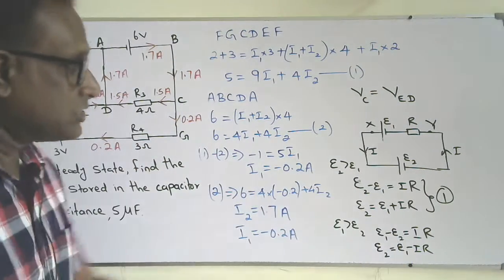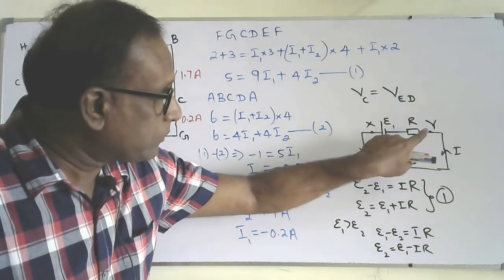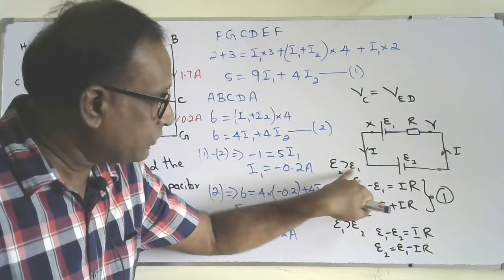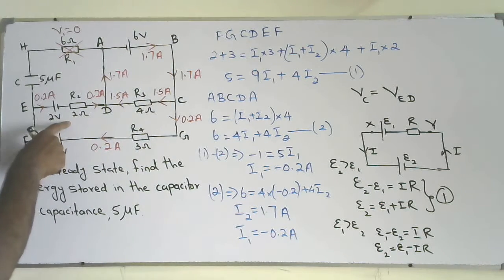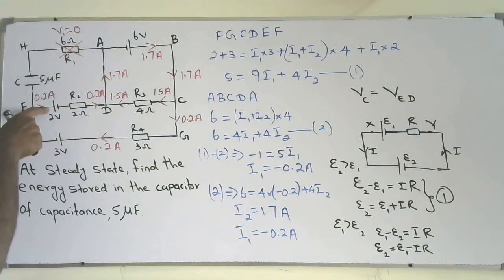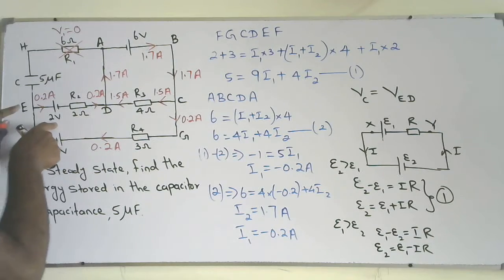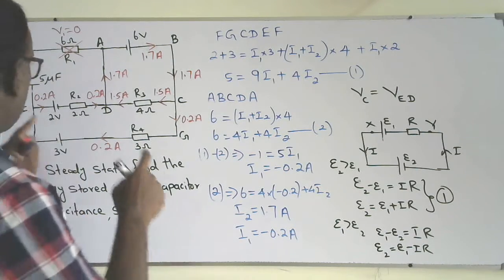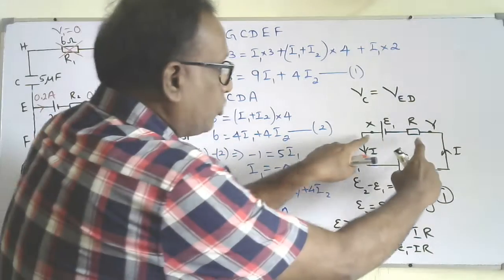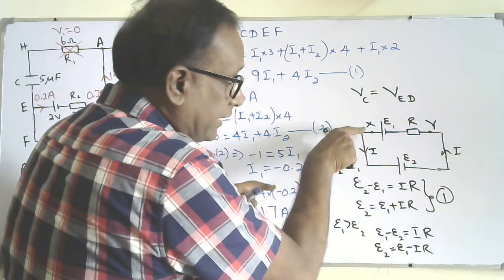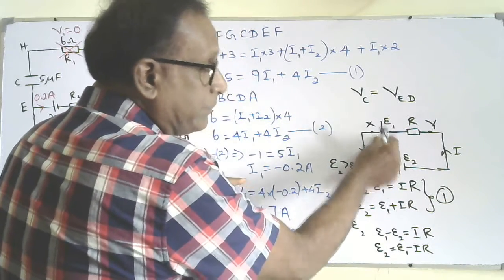I'm going to use this one here because current is going into the positive terminal of the 2 volt cell. So the voltage across E and D is similar to the voltage across X and Y when current goes into the positive terminal of this cell.